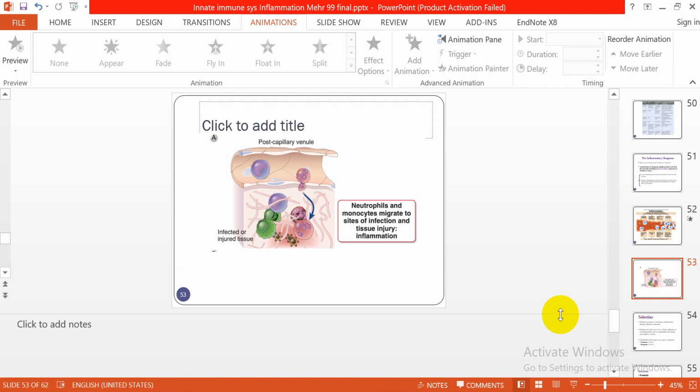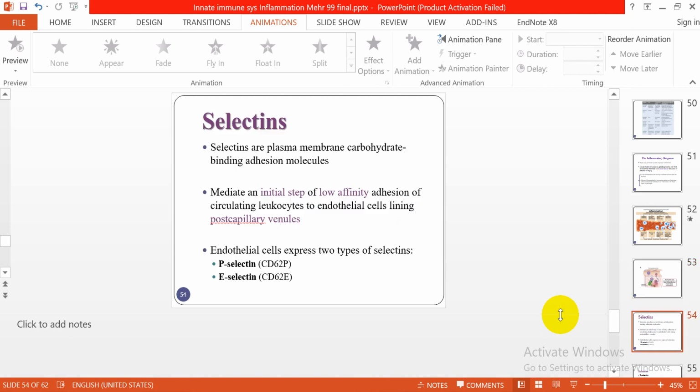So the recruitment of neutrophils and monocytes to the site of infection and tissue injury is the most prominent feature of inflammation. The adhesion molecules play an important role in this recruitment.